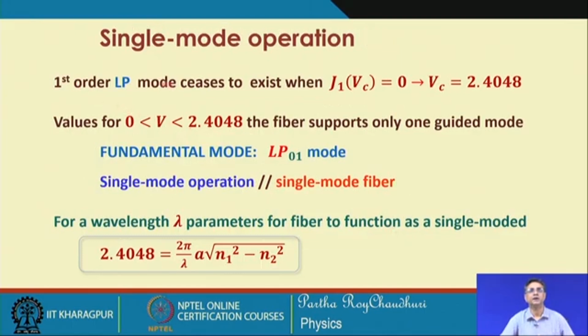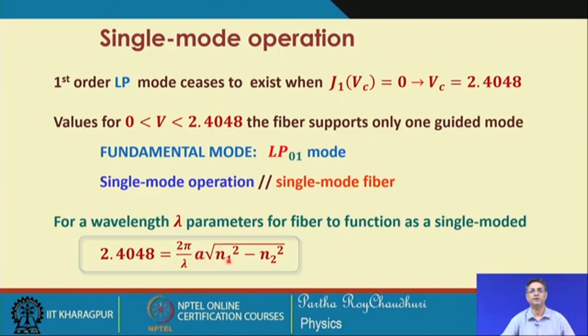So, the first order LP mode ceases to exist when V c is equal to this, but we can have this number by putting the values of a, lambda, n 1 and n 2. So, for a wavelength lambda, the parameters for the fiber to function as a single moded one come from this equation, that is 2.4048 equal to the V number.